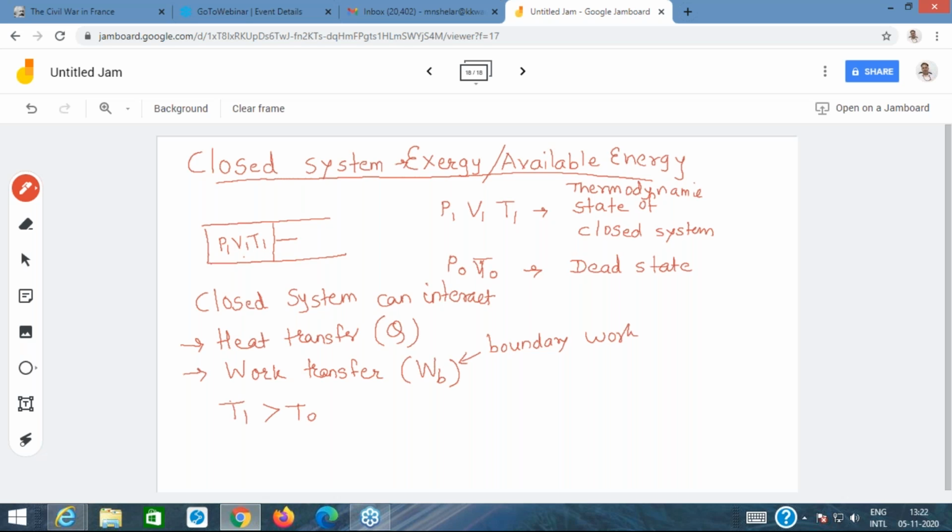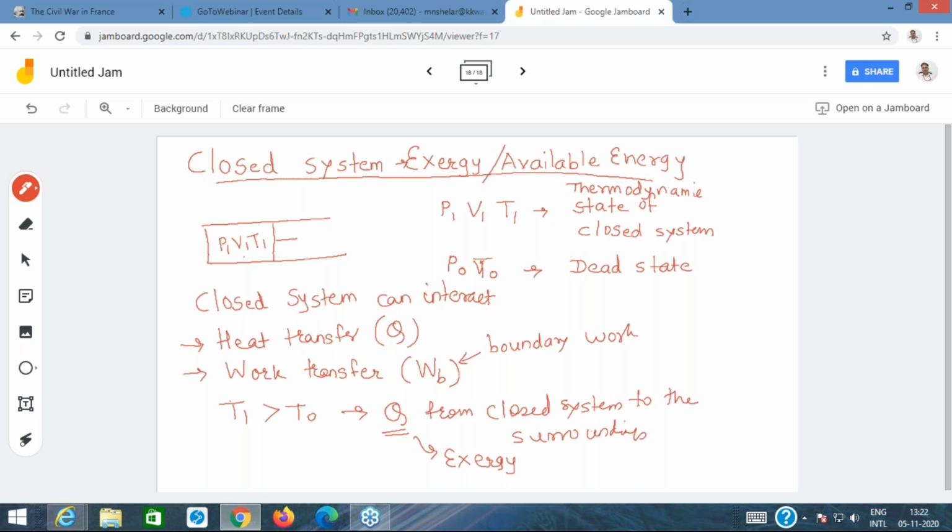Because T1 is greater than T0, there is a temperature difference which would lead to the heat transfer Q from the closed system to the surroundings. This Q, which is at a temperature T1, is associated with certain exergy, which you would be finding out.